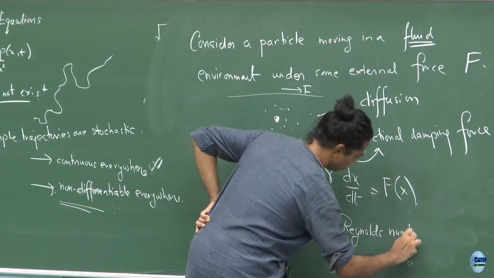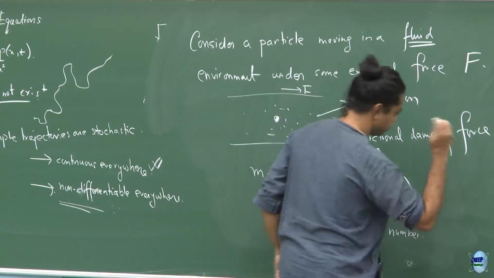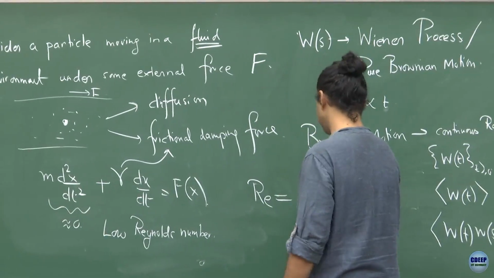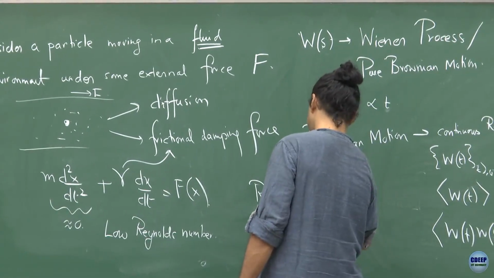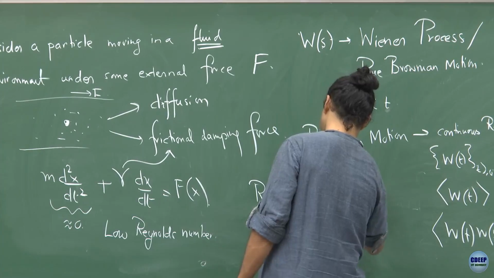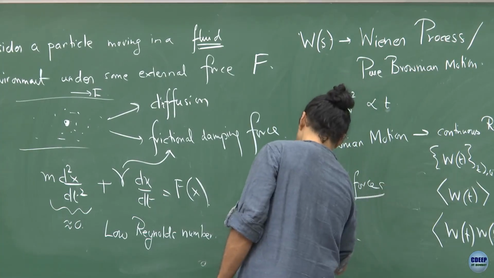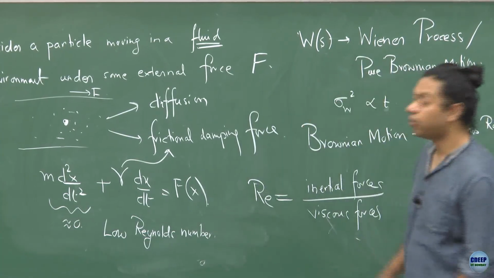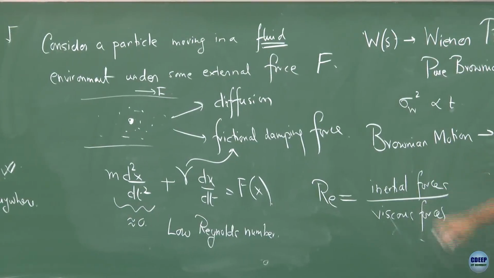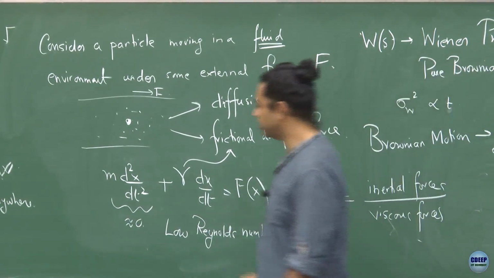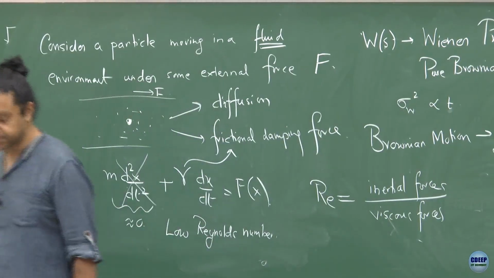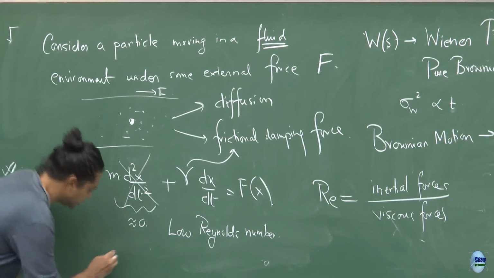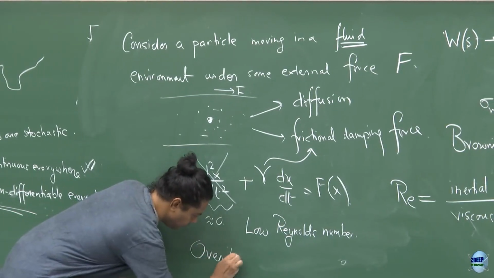Reynolds number is essentially a measure of how strong your inertial forces are compared to viscous forces, and for biological systems, mostly the inertial forces are very weak. So, therefore, when we look at biological systems, we will often just neglect this inertial term m d2x dt2. This is also called the overdamped limit.